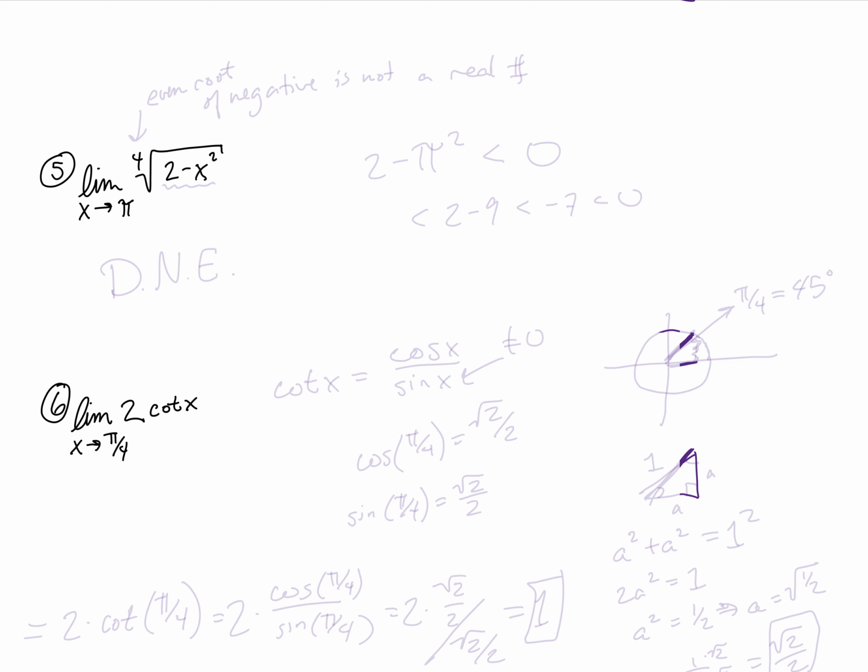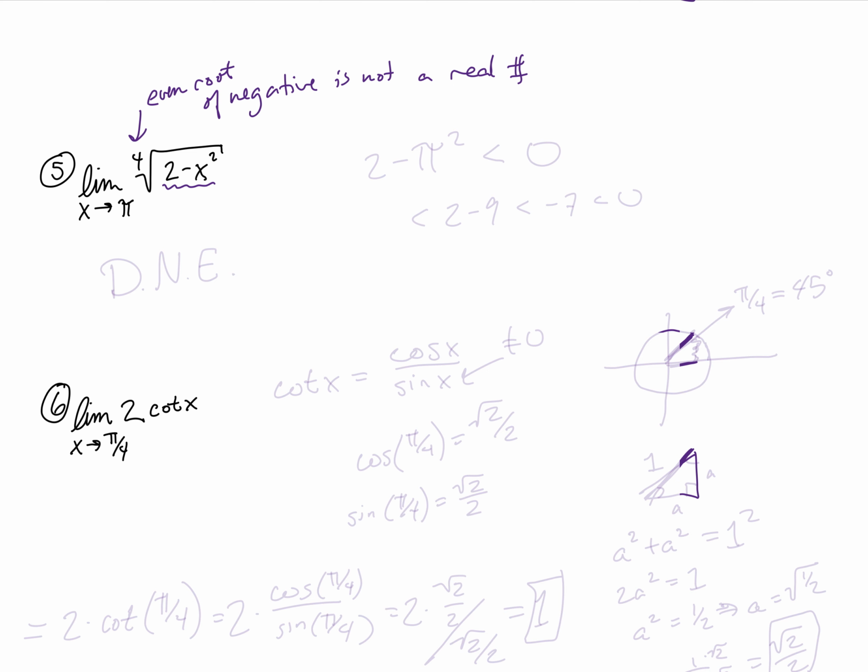Okay, limit as x goes to pi of the fourth root of 2 minus x squared. Now, one issue that could occur is if the interior is negative. So note that this is an even root, and the even root of a negative is not a real number.